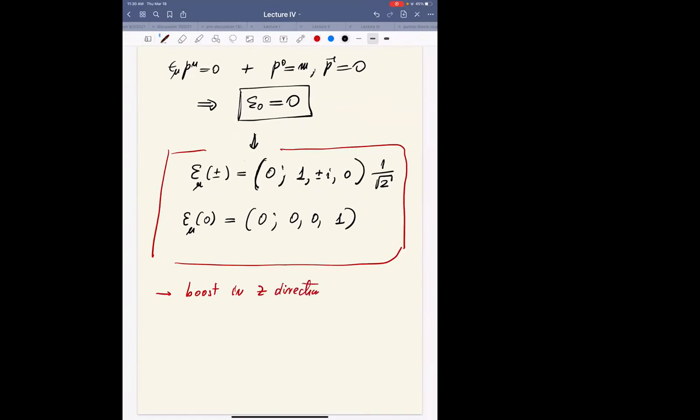And what I get is that epsilon mu, now I call it transverse because this is now orthogonal, are of course unchanged: 0, 1, plus or minus I, 0. There are 2 transverse components. I normalize them.